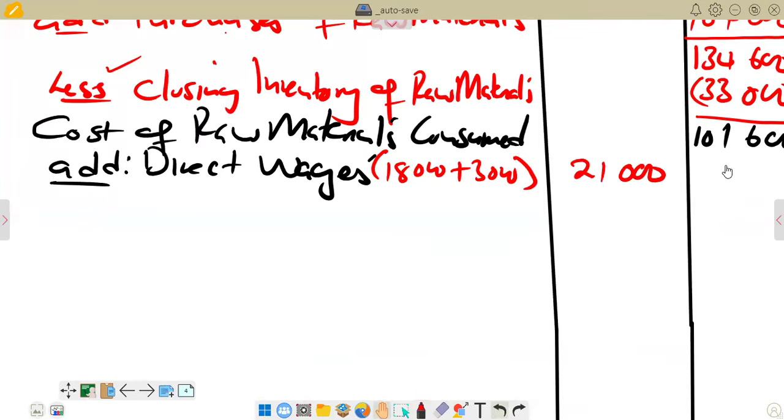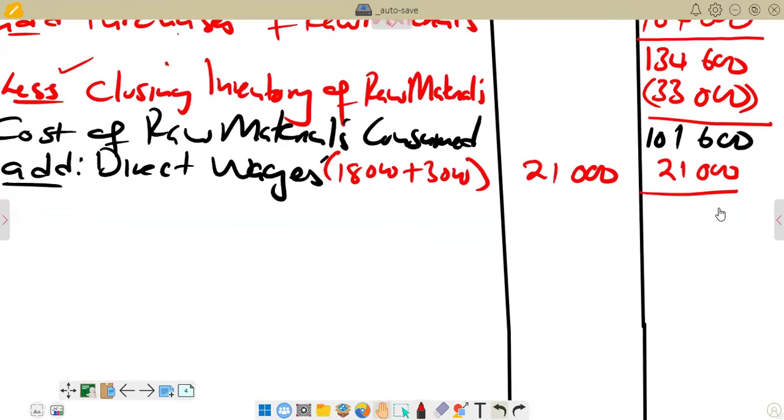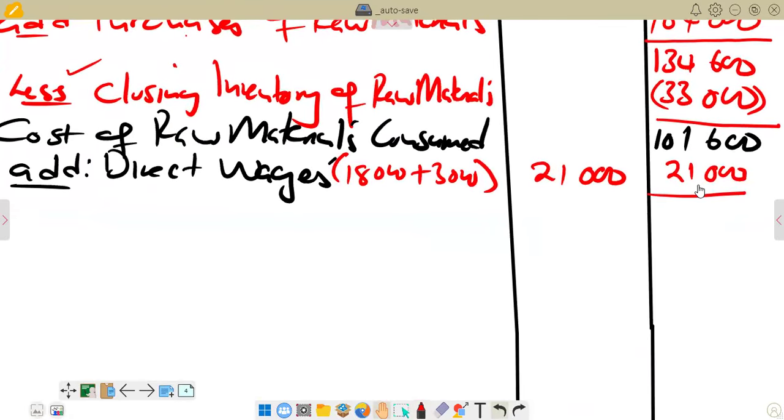We can just put our 21,000 in this column so that we can add it to our cost of raw materials consumed to get our prime cost. So here we are saying 101,600 plus our 21,000.